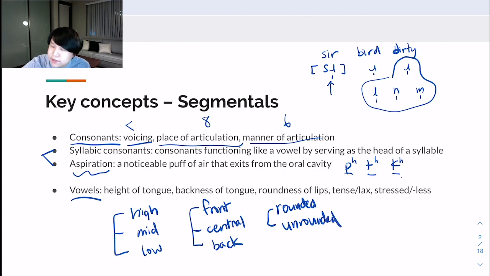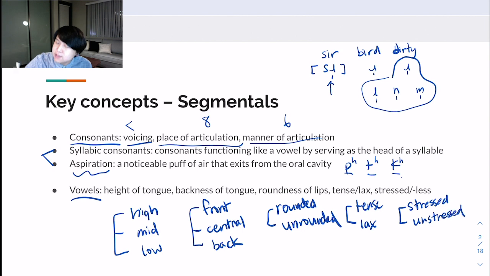And also there's a tense-lax distinction, like tense vowel and lax vowel. And in a word, syllables can be either stressed or unstressed. This is another important criterion to define vowels.